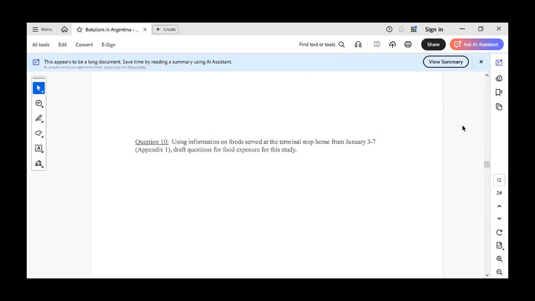Right. So you said, did you eat or drink black coffee? Yes, no, don't know. Hot dog, yes, no, don't know. You're forcing them to answer for each food item individually. Understood.